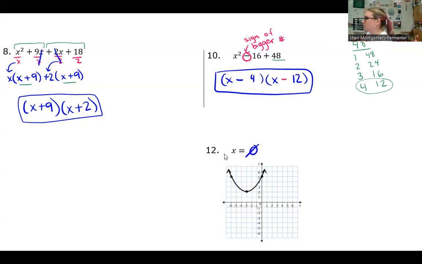It doesn't. So there are no x-intercepts. If you have something that doesn't cross the x-axis, all you have to do is draw your graph either happy and above the x-axis or sad and below the x-axis.